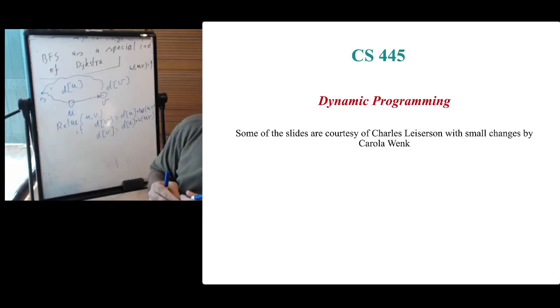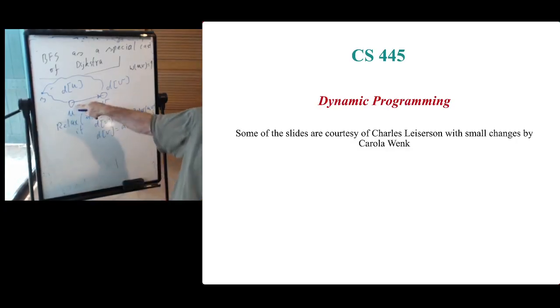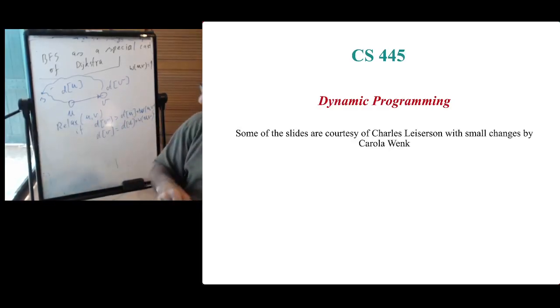aristocratic about how many times I'm going to perform this relax operation for this edge. How do I do it? It's fine to do it only once, but to perform this relax operation for this edge only once, when I perform this operation, I must be sure that d of u, the estimated distance to u, is already as low as it can get.